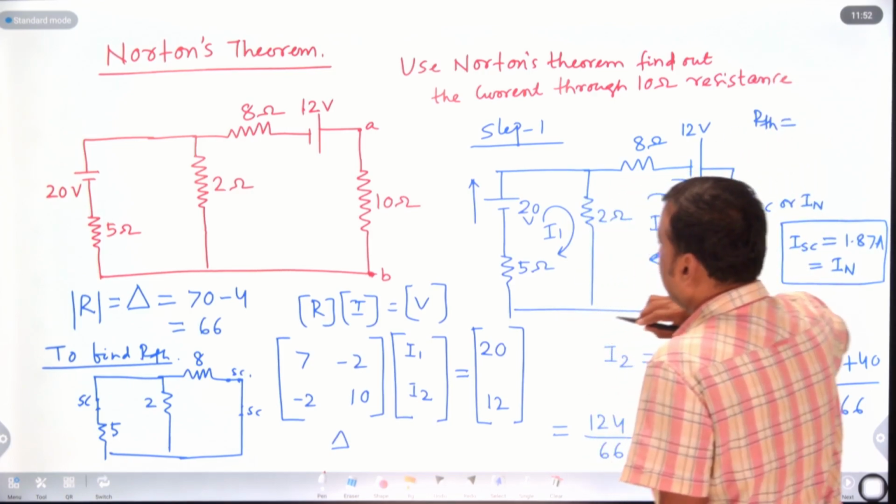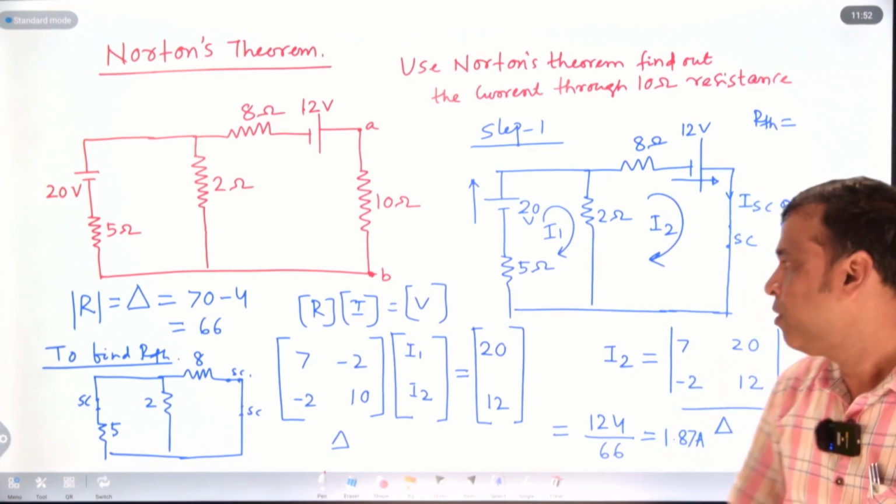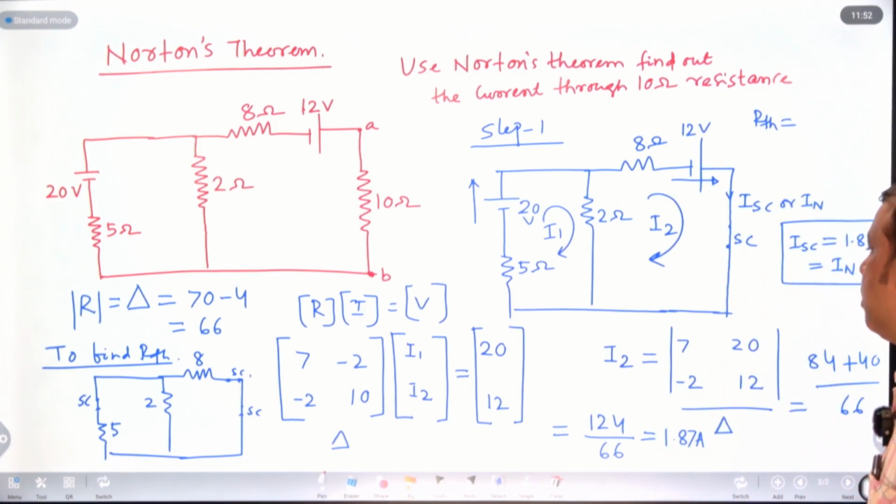So RTH equals 5 parallel to 2. If two resistances are parallel, the equivalent resistance is the product of the resistances divided by the sum of the resistances.